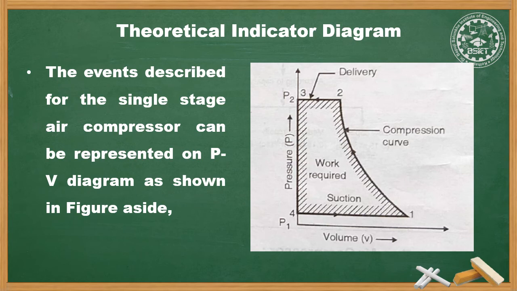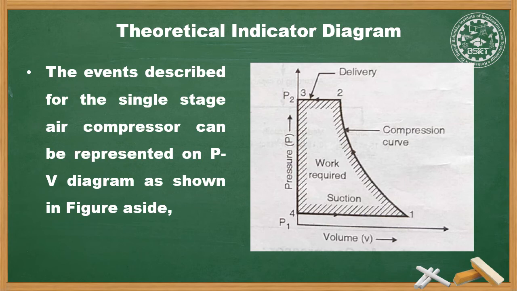During the suction stroke, the air is drawn into the cylinder along the line 4-1 at constant pressure P1, which is slightly below atmospheric pressure. At point 1, the piston completes the suction stroke and starts its compression stroke. At this time, all valves are closed.